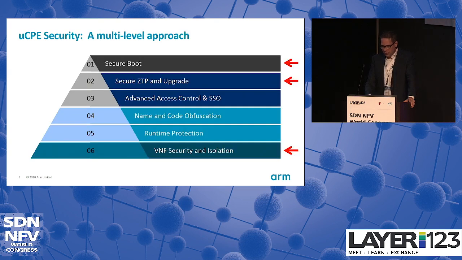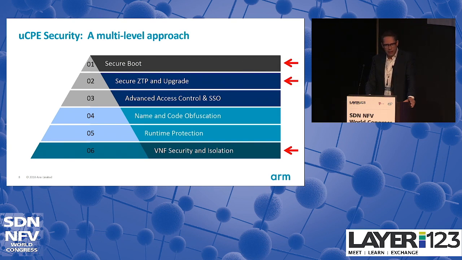The second issue, as we said, is security. With a multi-VNF environment running on the customer premises, you lose a lot of control of the security, and you open up a lot of areas for malicious actors to attack the system, both from the software and the hardware perspective.